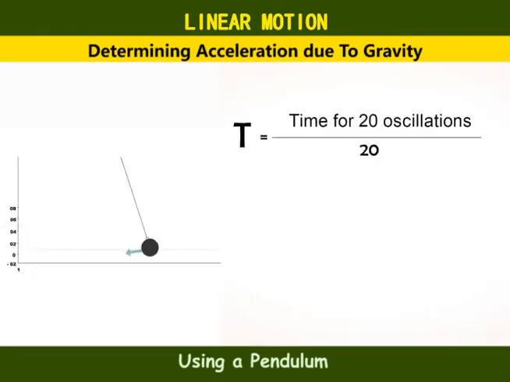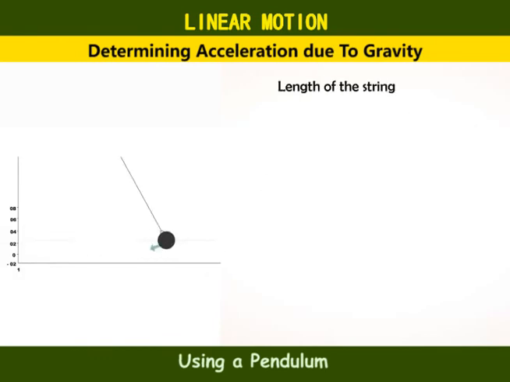Period T is equal to time for 20 oscillations divided by 20. In our case, it will be 28.4 divided by 20, giving us 1.42 seconds. The time period of oscillation depends on the length of the string L and the acceleration due to gravity, g.